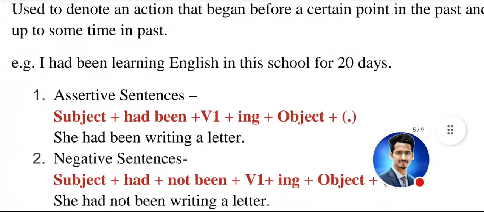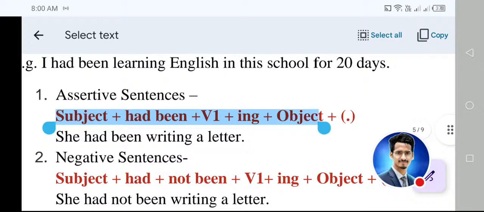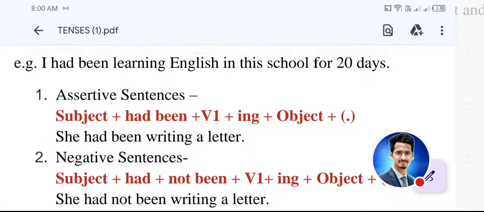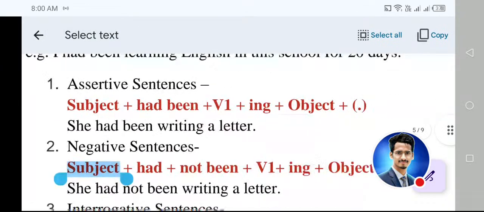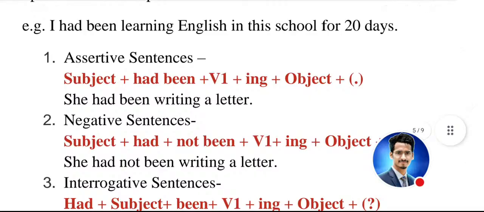If you don't understand English, you just write down the structure here, how you can make an assertive sentence, how you can make a negative sentence. In this way you can learn English, and I am talking in English so that you can improve your spoken English.